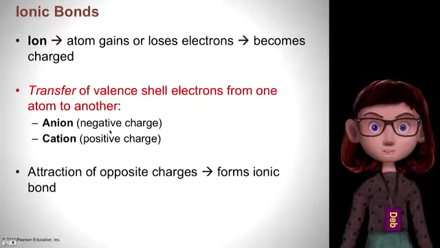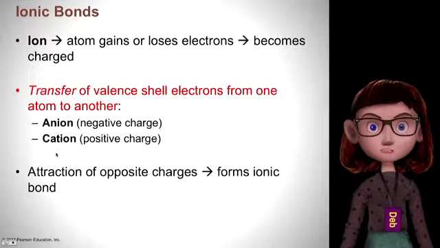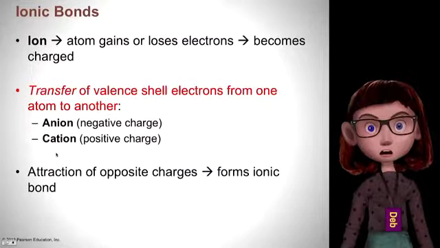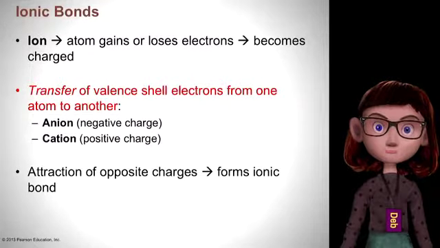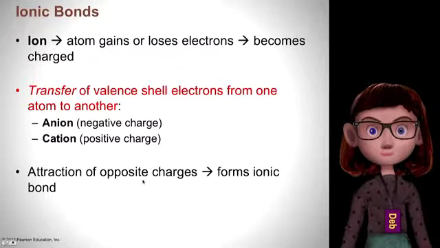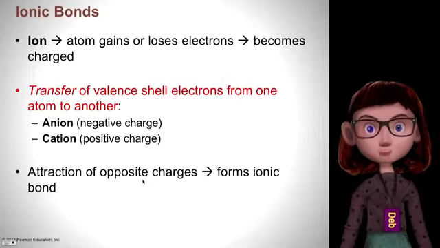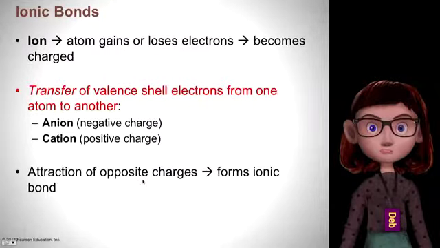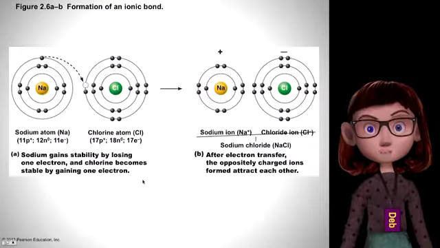It's going to end up with a negative charge, and then a cation. A cation would be the atom that has lost an electron, and it will end up having a positive charge. The attraction now of opposite charges, that's what's going to form an ionic bond. Don't forget, opposites attract.